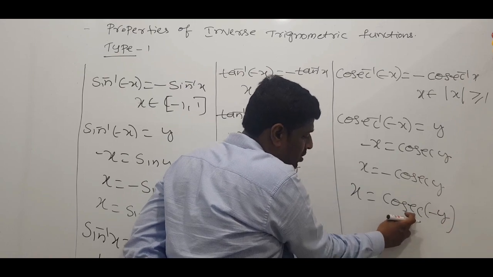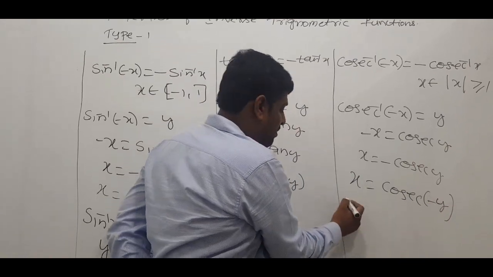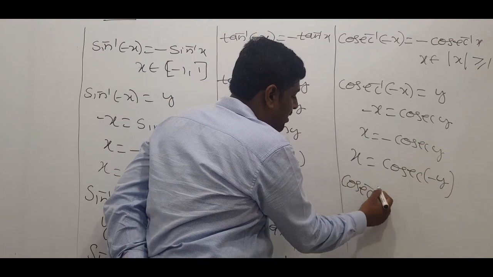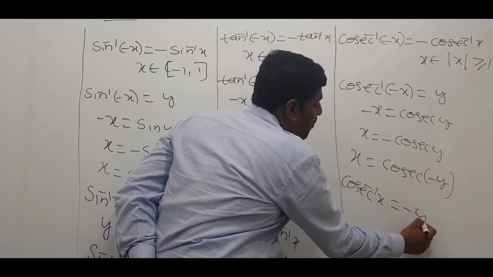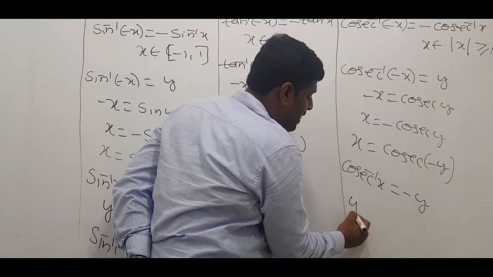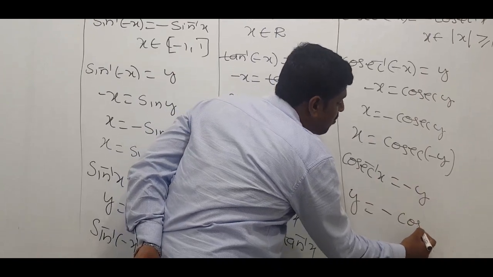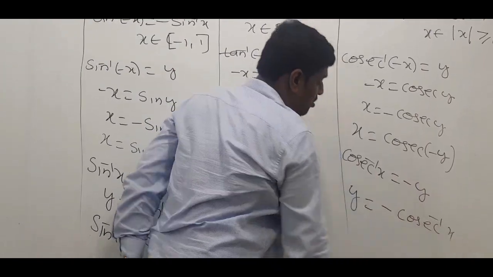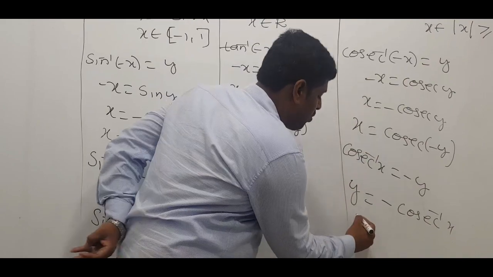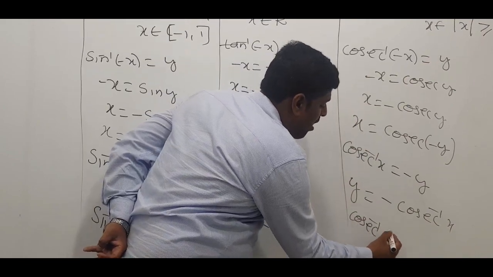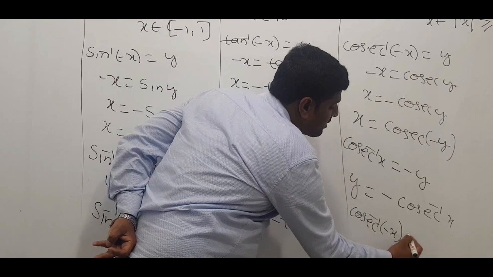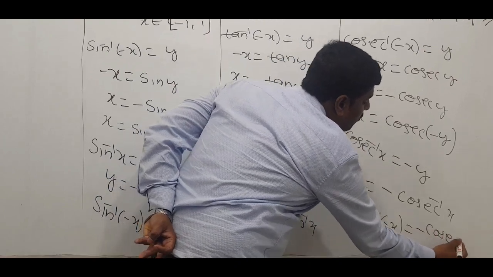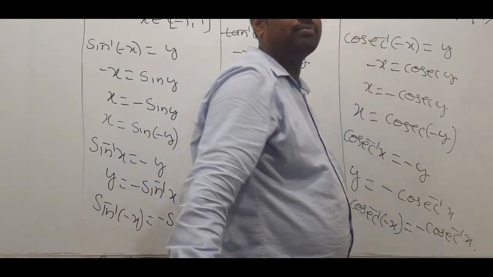Again shifting cosecant to the LHS, cosecant inverse x is equal to minus y. Now y is equal to minus cosecant inverse x. Substituting the y value, cosecant inverse of minus x is equal to minus cosecant inverse x.